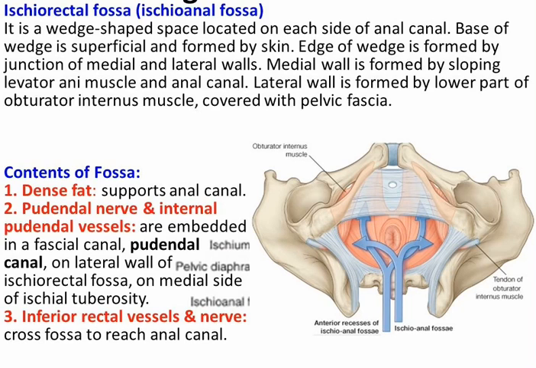Contents of the fossa: 1. Dense fat, which supports the anal canal. 2. The pudendal nerve and internal pudendal vessels, embedded in a fascial canal, the pudendal canal, on the lateral wall of the ischiorectal fossa, on the medial side of the ischial tuberosity. 3. Inferior rectal vessels and nerve, which cross the fossa to reach the anal canal.